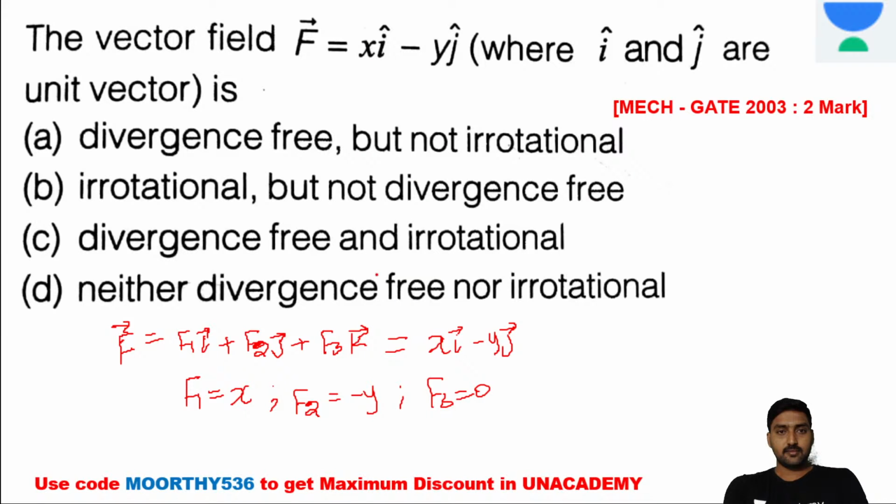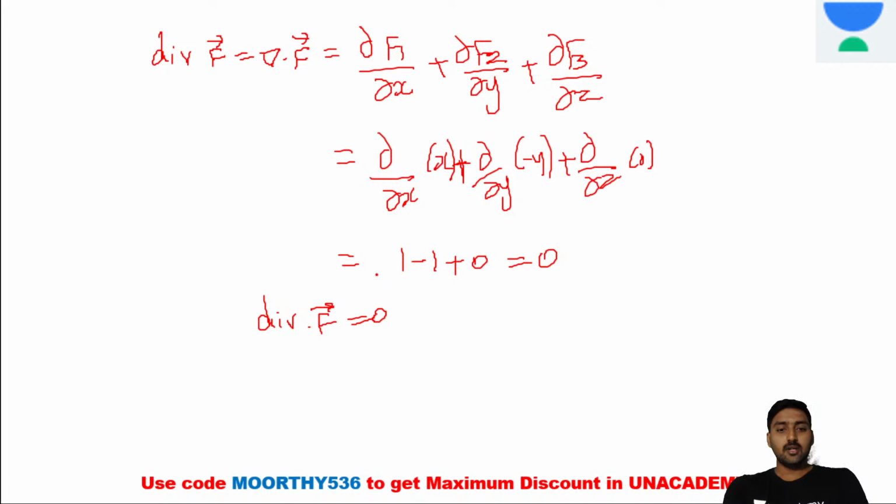Okay. Next, what we need to identify is the curl of the vector. So here we are doing the curl of the vector. It's del cross F vector.